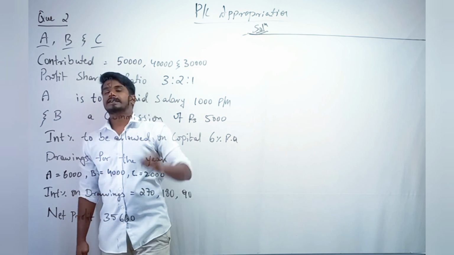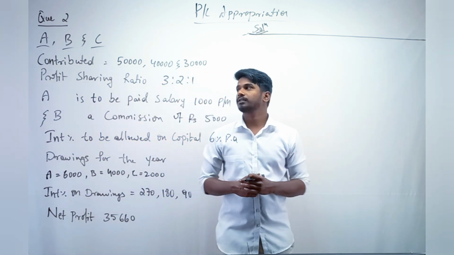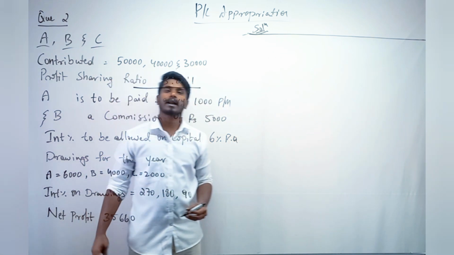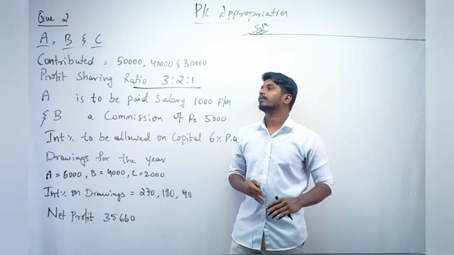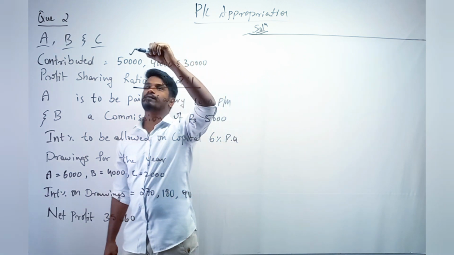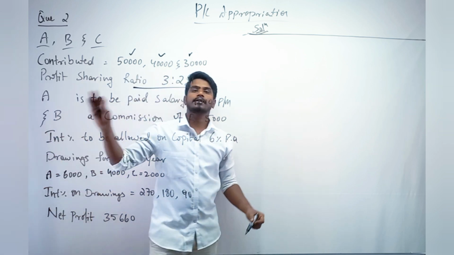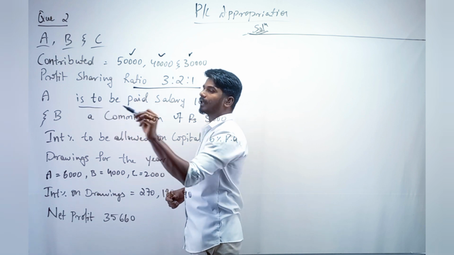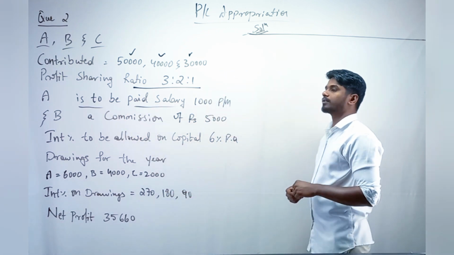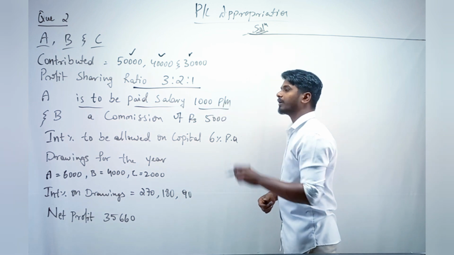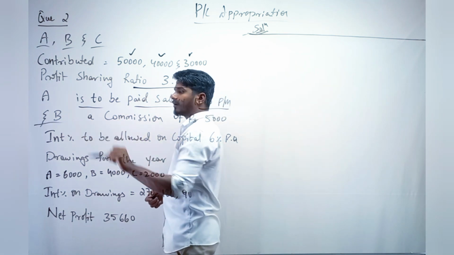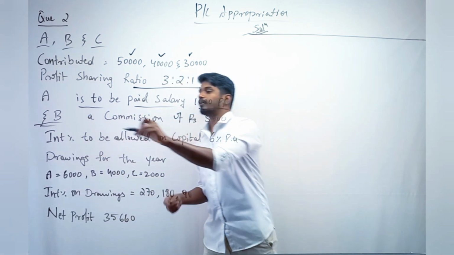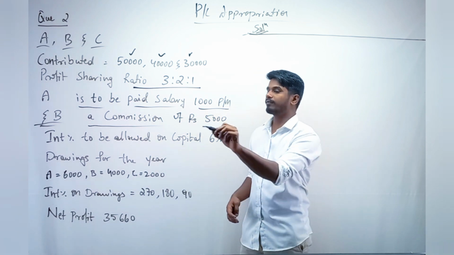A, B and C are partners sharing profit and losses in the ratio 3:2:1, and their capital, that is contribution towards the business, is 50,000, 40,000 and 30,000. A is to be paid a salary of rupees 1,000 per month. B is to be paid a commission of rupees 5,000.